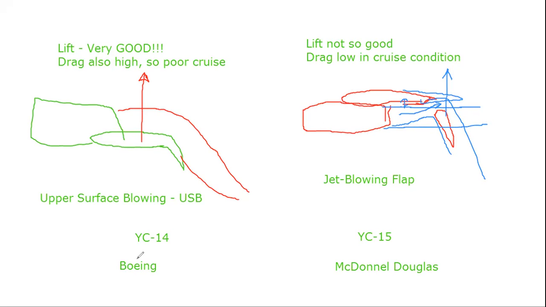So this configuration, like YC-14 or Antonov 72, has very good stall capability, but needs a lot more fuel than this.